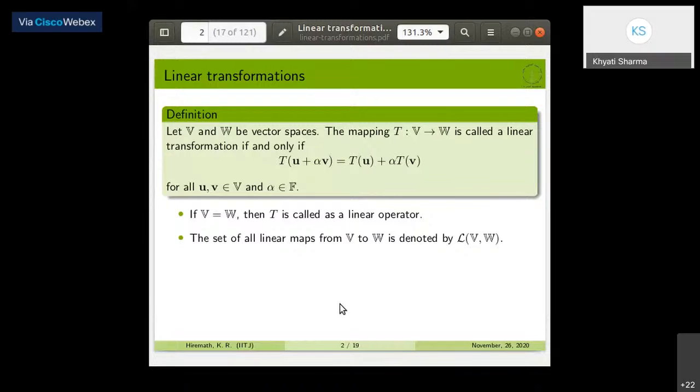You see that this is how we started our journey with vector spaces. We have a lifeless set, and by defining operations, we introduce some spice into it, and then we go to a higher level. Now, the same kind of thing we are trying to do with these linear maps.